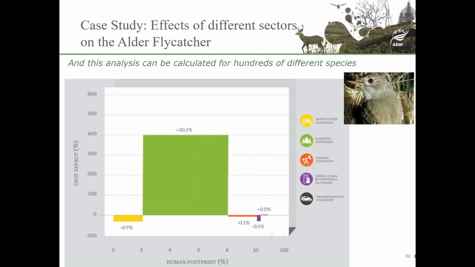But in this situation, the species experiences a 30% increase in predicted population abundance due to forestry activities. This is due to their affinity for young, regenerating, harvested areas. The other footprint types have minimal negative impact on the predicted population size of the alder flycatcher, but their impacts are smaller just because, again, their footprint covers a smaller area of the region.